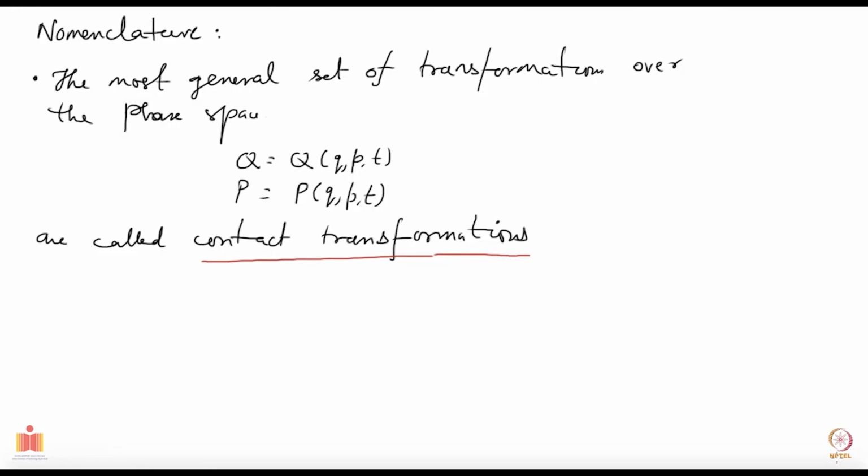So a subset of these contact transformations will be the ones which preserve the form of Hamilton's equations of motion, and those are called canonical transformations.